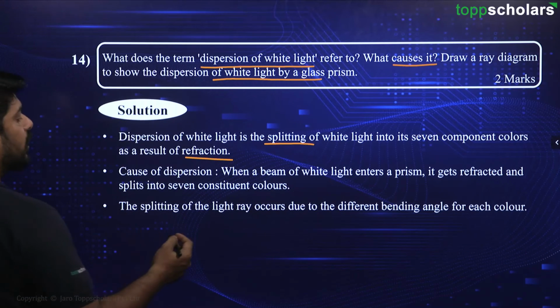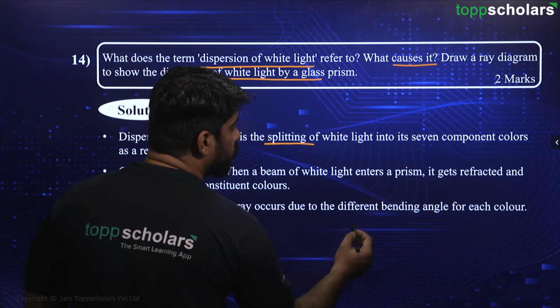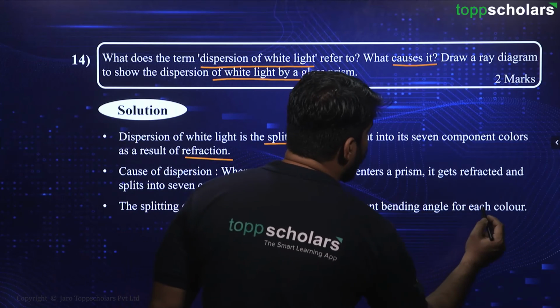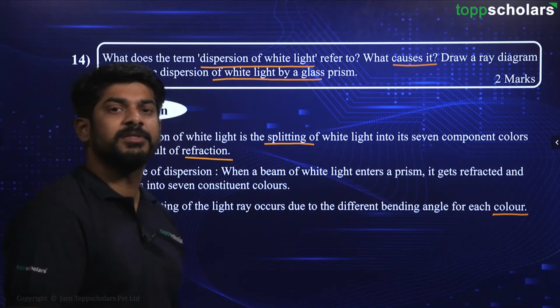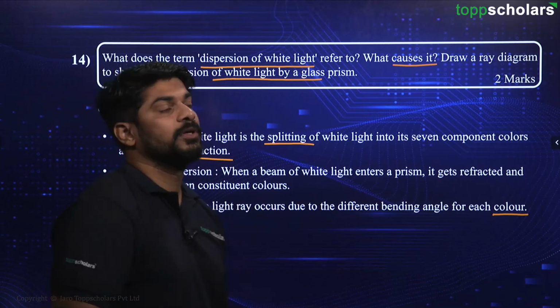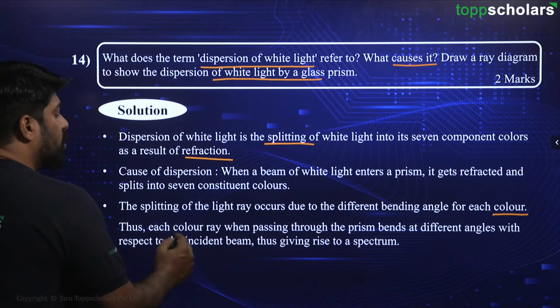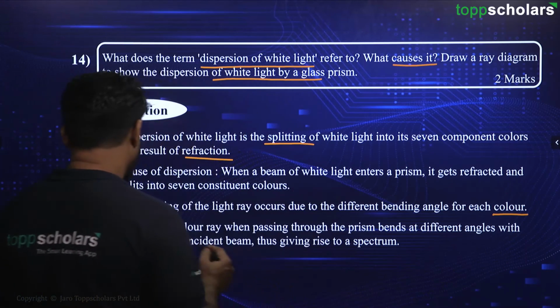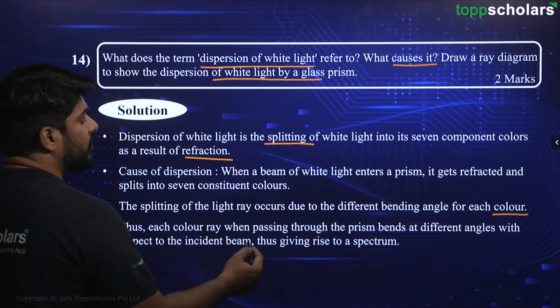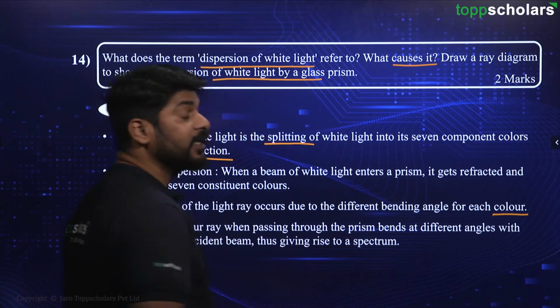The splitting of the light ray occurs due to the different bending angle for each color. This different bending angle is a result of different wavelengths. Each color ray, when passing through the prism, bends at different angles with respect to the incident beam, thus giving rise to a spectrum.